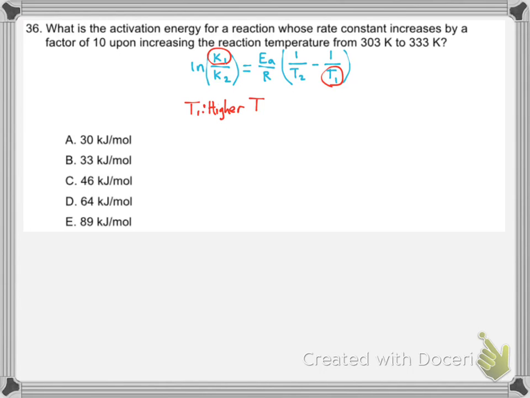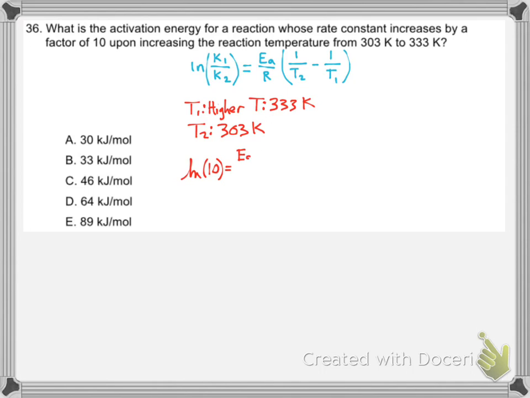So I'm going to say this is the higher temperature, and the higher temperature here is 333 K, which means T2 is the lower temperature, which is 303 K. Okay, now we're going to carefully plug everything in to our equation. So it's the natural log of, it says that it's 10 times faster at the higher temperature, so I'm just going to say 10 here is equal to activation energy.